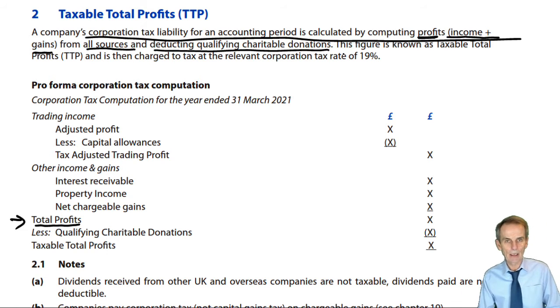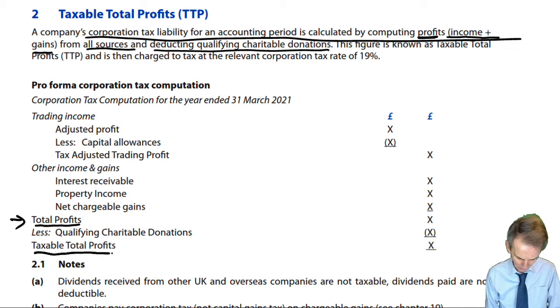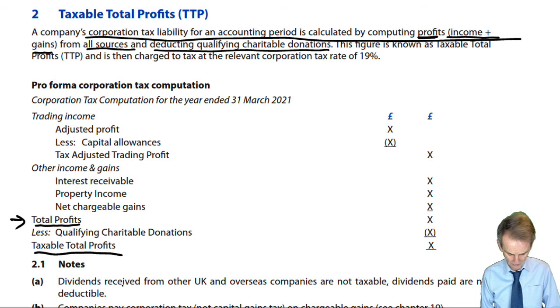Companies do get a more simplified version of tax relief as compared to individuals. With individuals, we saw about the gift aid system and how that worked, and that had complications as regards the preparation of the income tax computation. Here, not so. What we will have is qualifying charitable donations that are paid that will be deductible in deriving the taxable total profit at the bottom of the first part of this corporate tax computation.